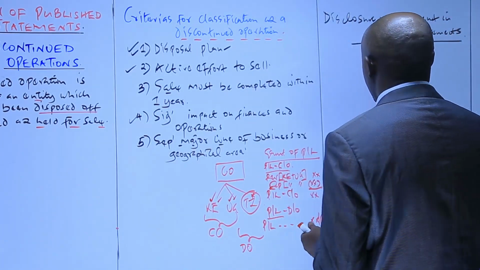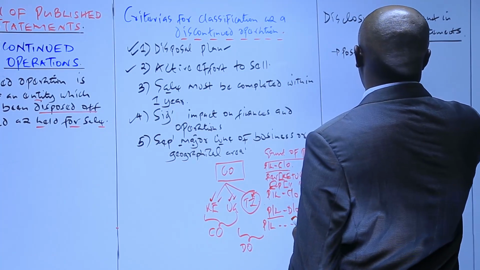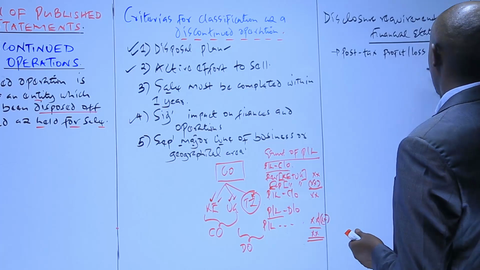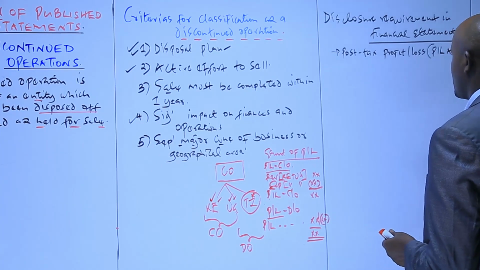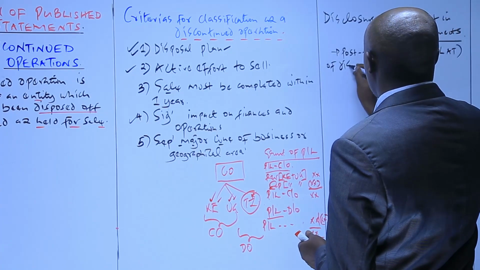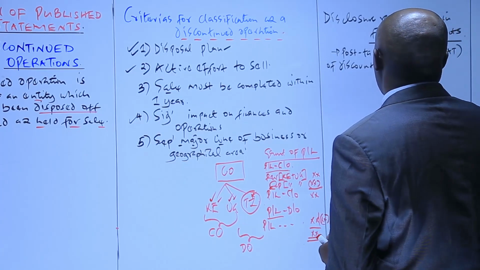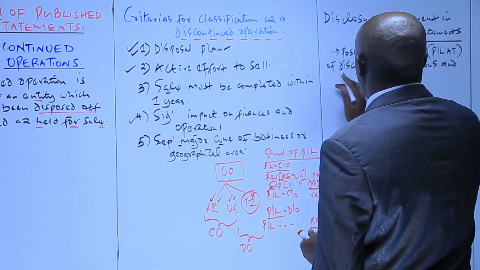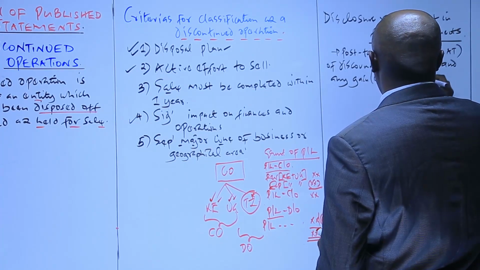That is what IFRS 5 requires. So therefore, we can say that the post-tax profit or loss, the profit or loss after tax of the discontinued operation, plus any gain or loss on disposal.